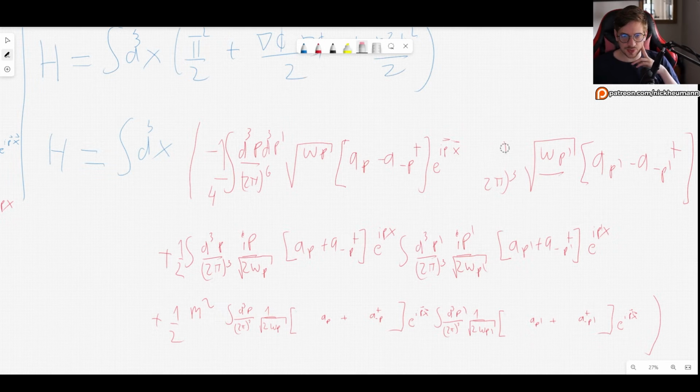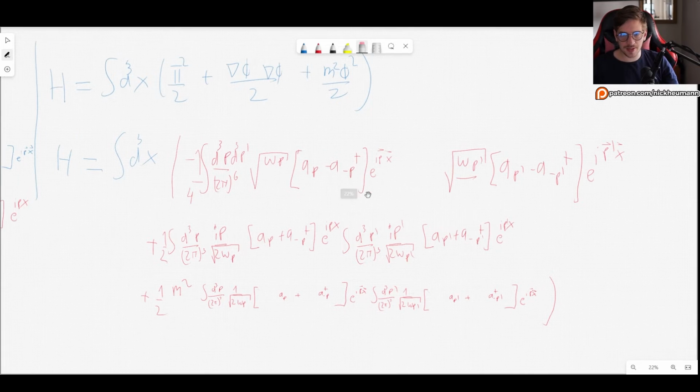So we can just get rid of this. We can also then combine the exponents as e to the I p plus p prime x. That way we get rid of this. We can also combine the omegas, but I don't have much space, so I'll do it a bit later.